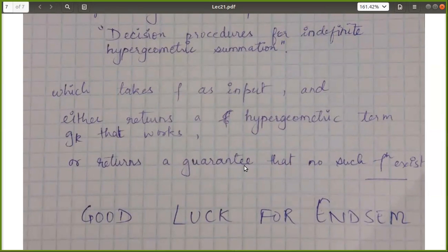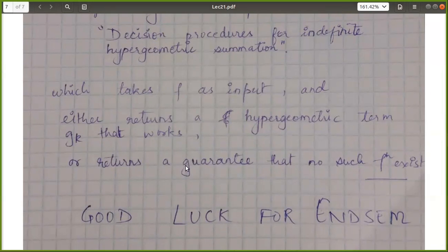It will never come back saying, I do not know or I could not find it in my database. It gives you a definite answer: either there is a hypergeometric term which works, in which case it comes back with the function itself, or it guarantees you that there is no such function.